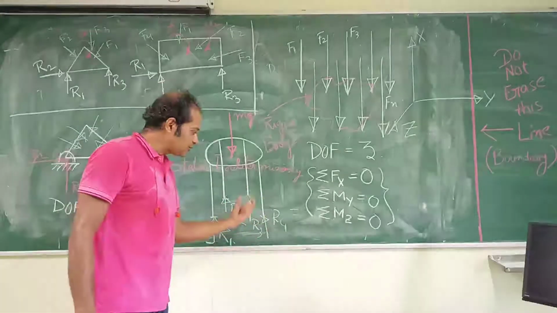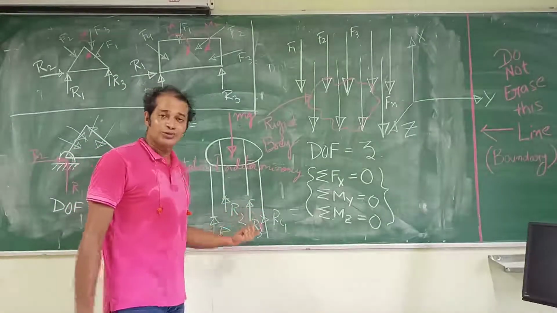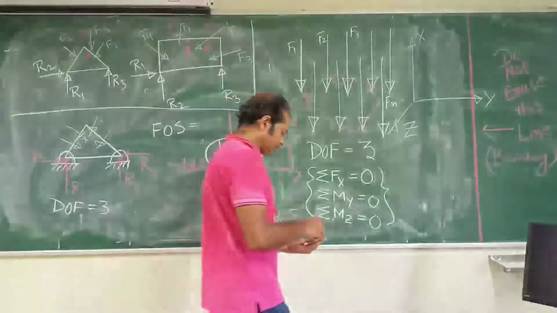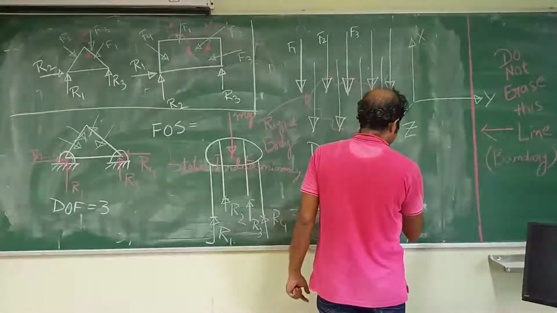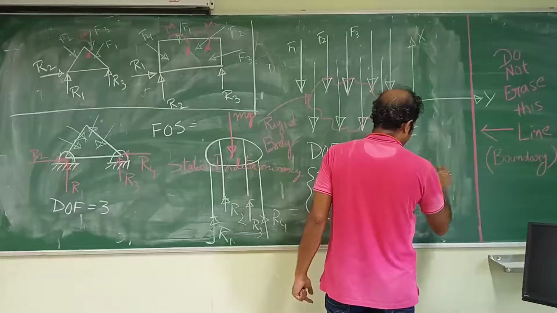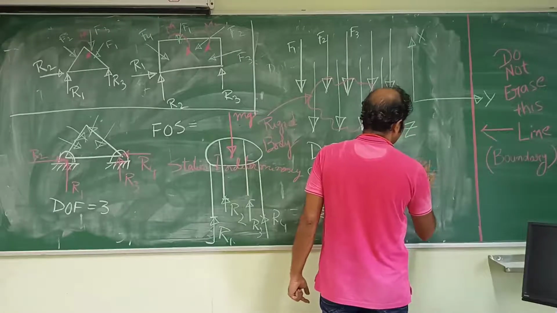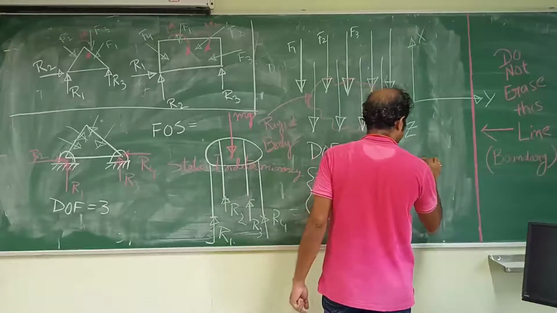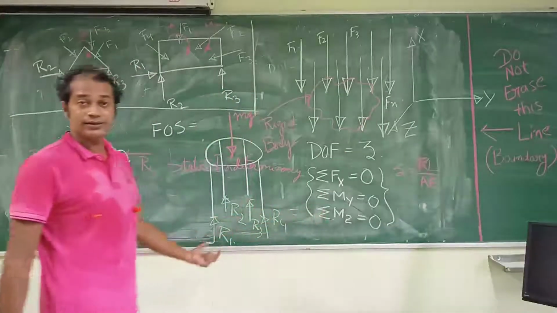Okay, sure. So if you want to solve these 4 reactions, then you have to take another equation, and that another equation is, in your solid mechanics you have studied, the deflection delta is equal to PL by AE, or in this case RL by AE.